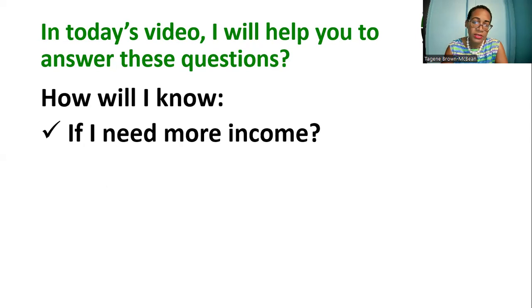And the answer was, when you do the debt to income calculation, which is your total monthly debt divided by your total gross monthly income times 100%, if you fall into the bad category, you need more income. If you fall into the excellent or average category, then you are okay.